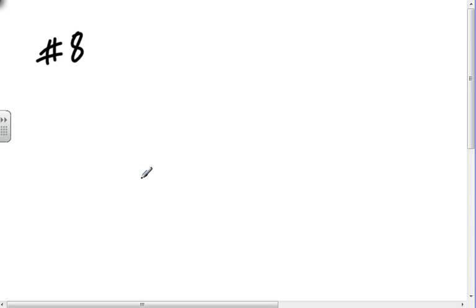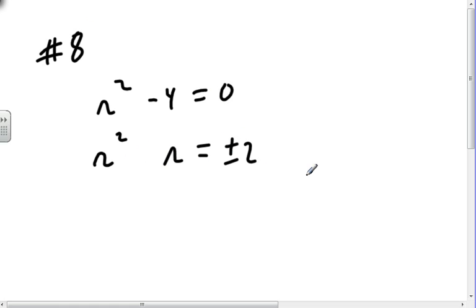Okay, so now I've got to go back to number 8 and say, well, r squared minus 4 is equal to 0, so r is going to be plus or minus 2, right? And one could say, well, r is plus or minus 2, so that's e to the minus 2x, e to the 2x. But that's the same as saying that those are hyperbolic cosines or hyperbolic sines. So the hyperbolic cosine has those solutions in it.